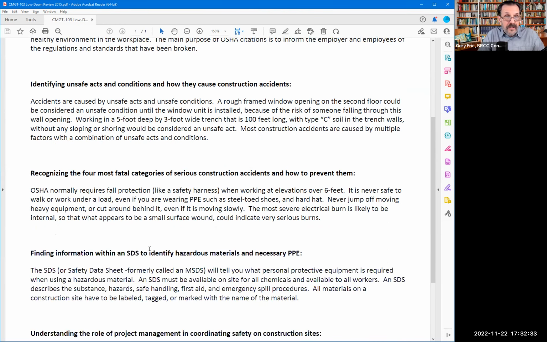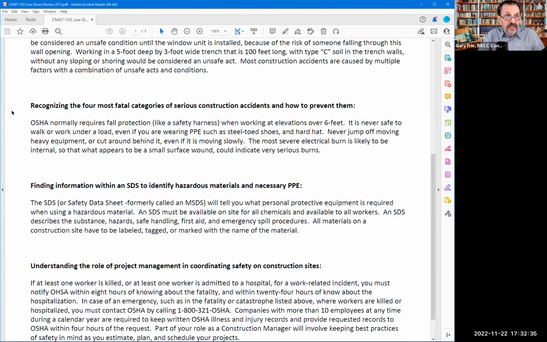Okay, so let's look at the next section. Now we're in the third section, 3 of 5, recognizing the 4 most fatal categories of serious construction accidents and how to prevent them. Remember, we talked about that in exam 2, the second quarter of the course, where we dealt with the fatal 4, the top 4 things that cause fatalities in the construction industry.